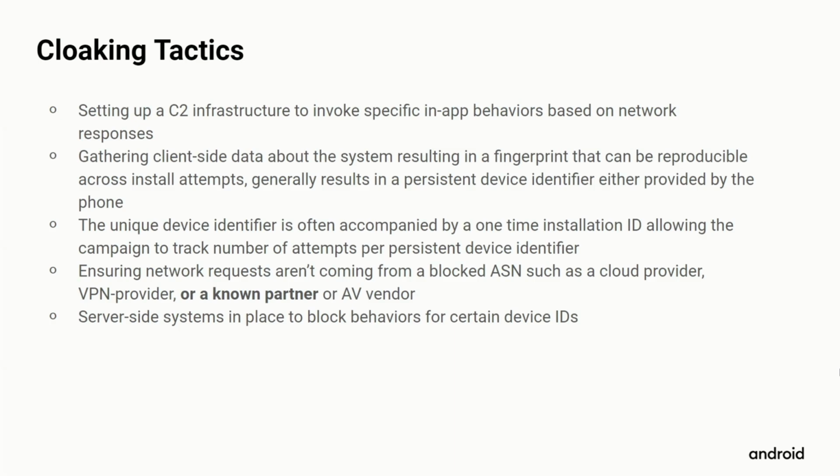Oftentimes I see that they will blocklist my installations if my device, say a MAC address, Android ID, or advertising ID, is installing an app an abnormal number of times. Who knows what threshold they may set as reasonable, but most users aren't. A sandbox may install your app 15 times in just a couple hours, where that's not normal human behavior. Almost certainly, I'm doing something to debug or analyze the apps.